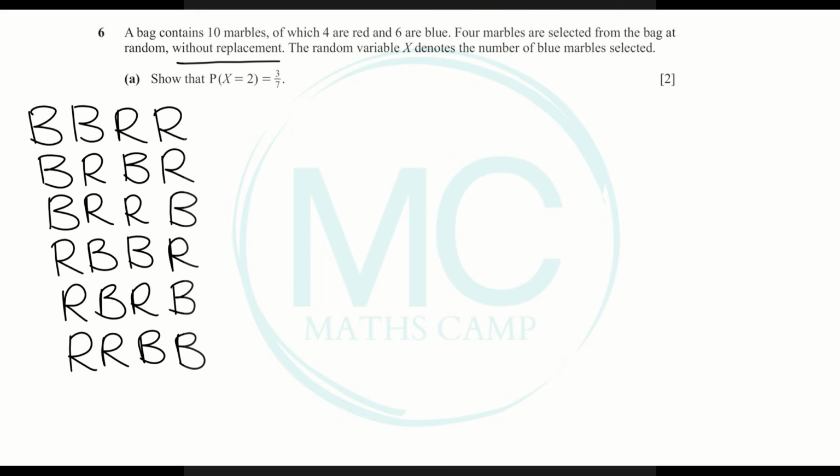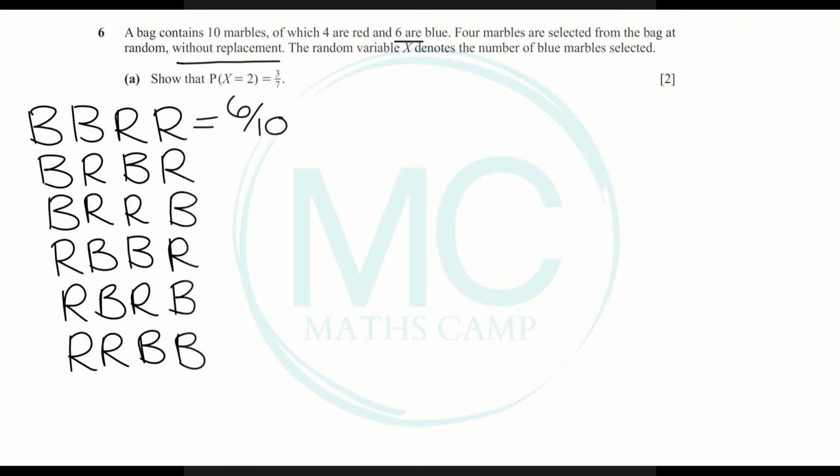So now let's look at the probability. Remember, we're working without replacement, so these are dependent events. We have 6 blue marbles out of a total of 10. So if we draw a blue marble first, the probability is 6 out of 10.